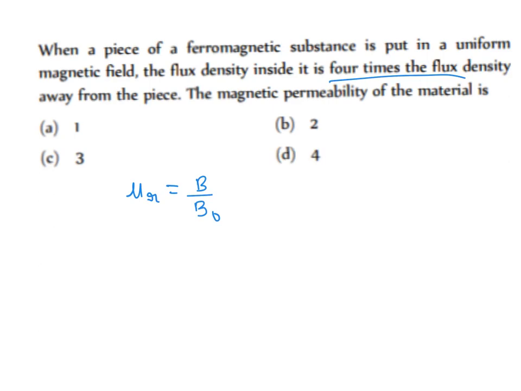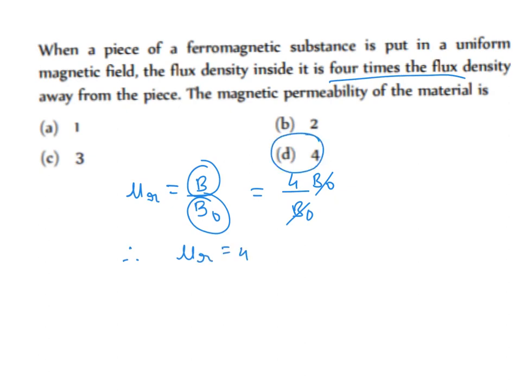This is the magnetic field inside, divided by the field outside, away from it. So inside it is 4 times B out, divided by B out. B out cancels, so mu r equals 4. So option D is the right answer for this particular question.